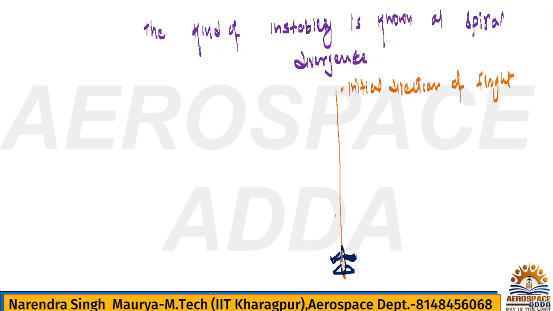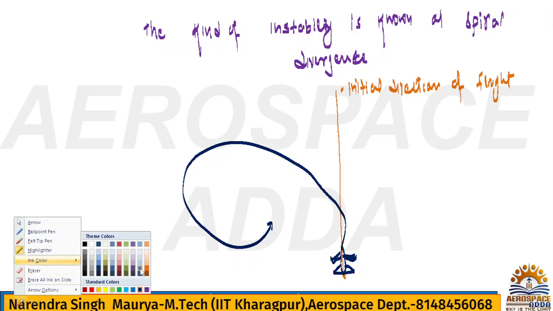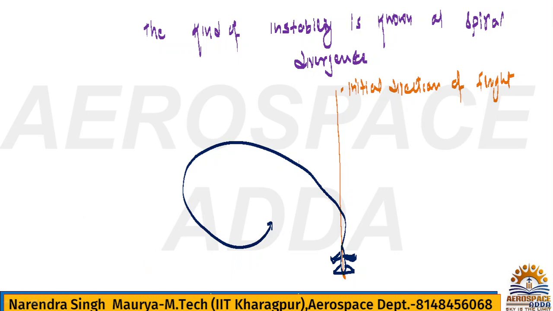So once a disturbance comes and hits the airplane, the airplane will start a motion like this, called spiral divergence. The airplane will move in this way, and it is moving something like this, which is called spiral divergence. The airplane is coming like this.